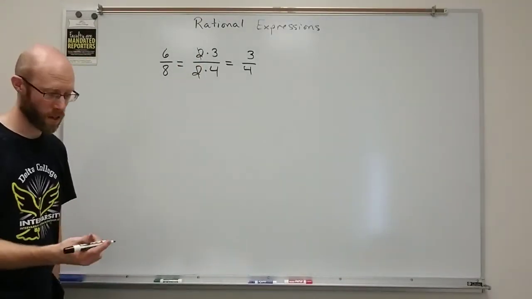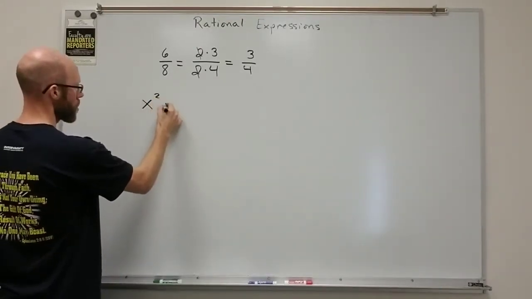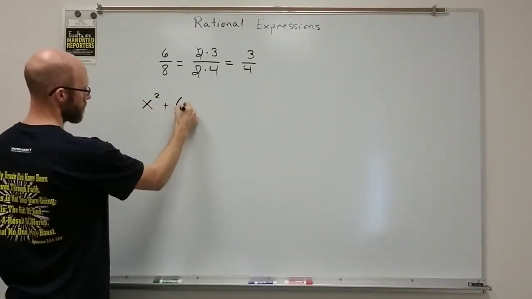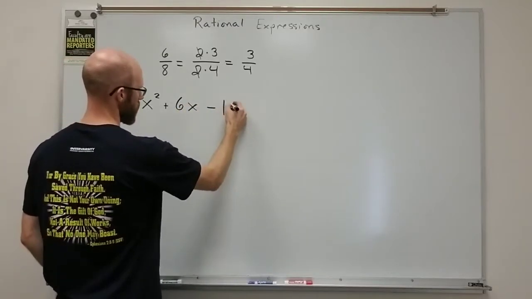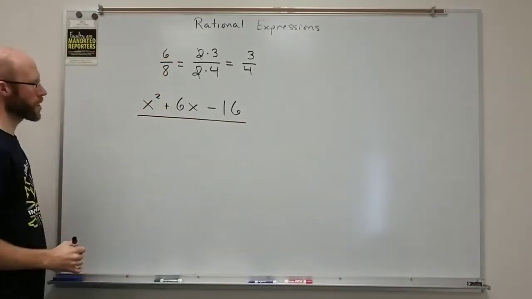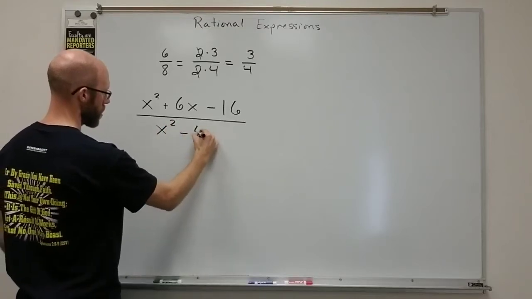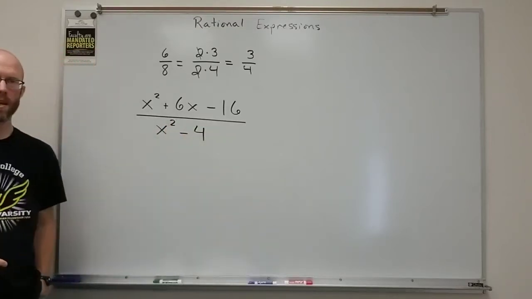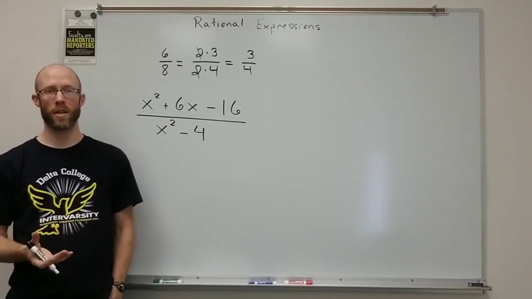So if I take a basic example, something like x squared plus 6x minus 16, and I put that over x squared minus 4, then I can do some factoring and canceling.